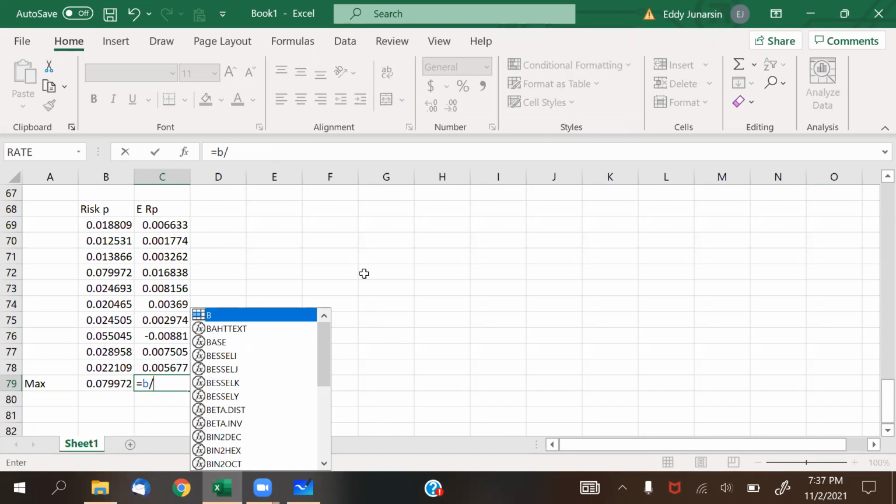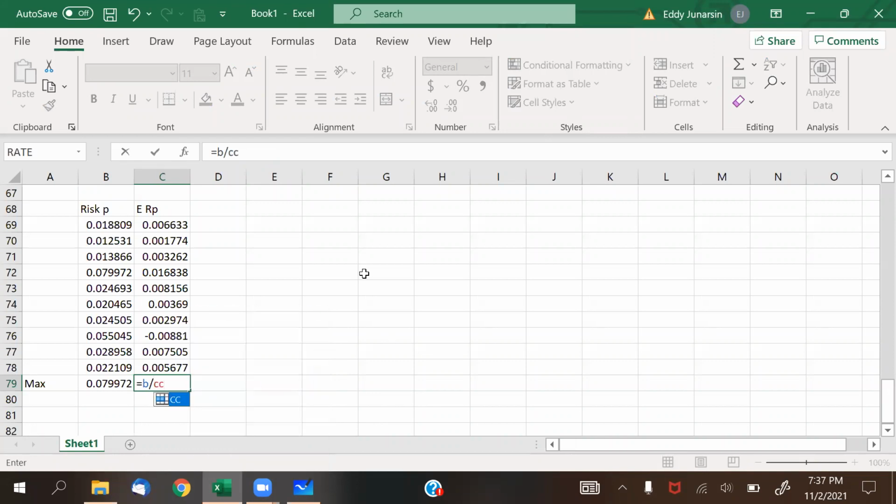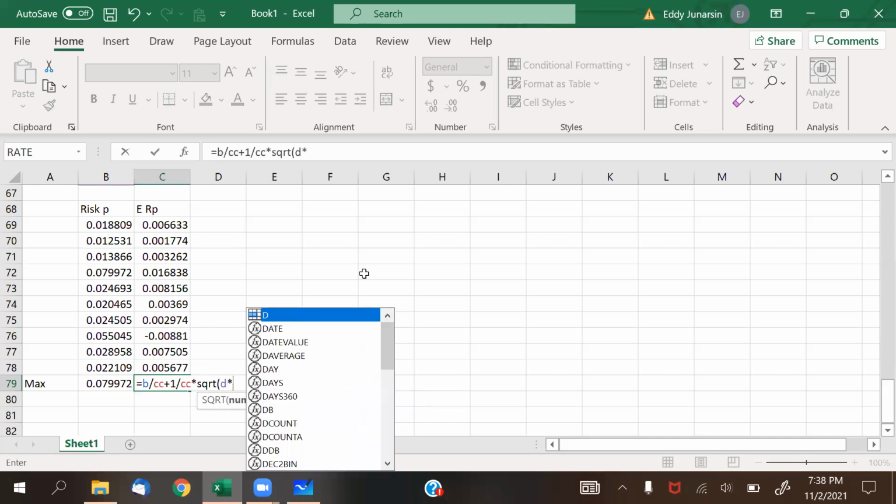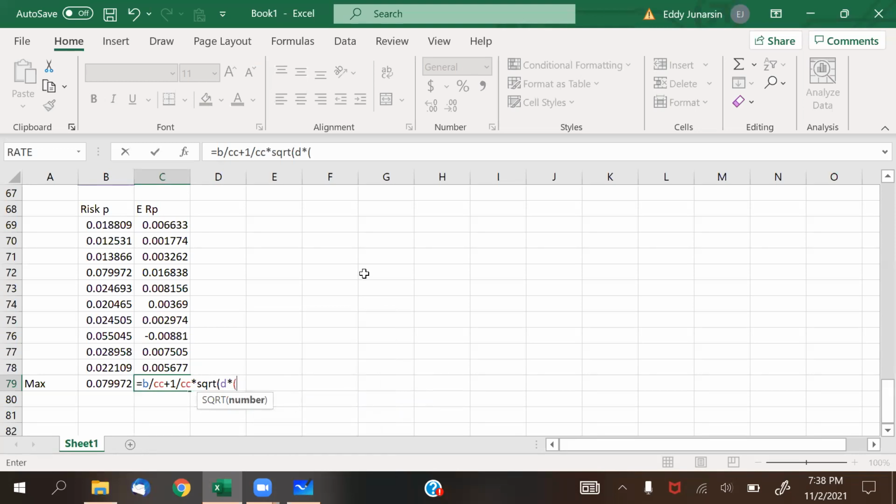So this would be B divided by C, plus 1 divided by C, multiplied by the square root of D multiplied by C, multiplied by your risk squared.